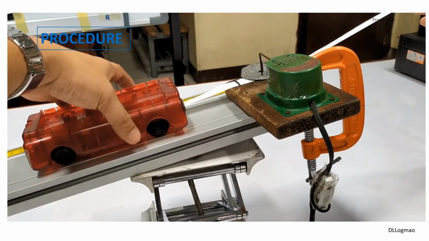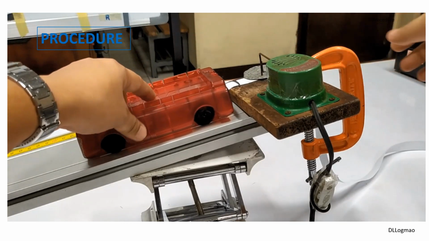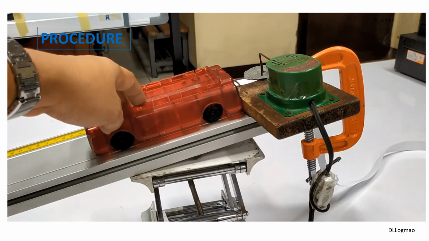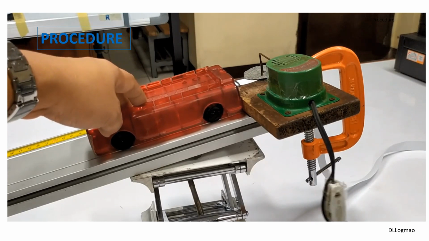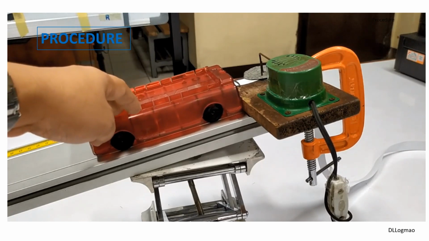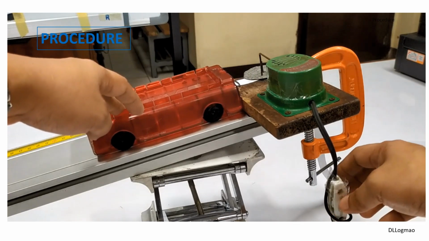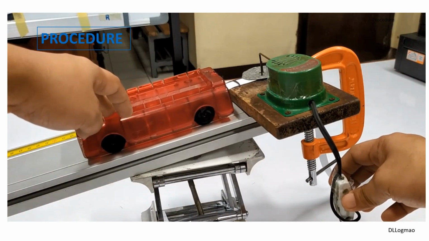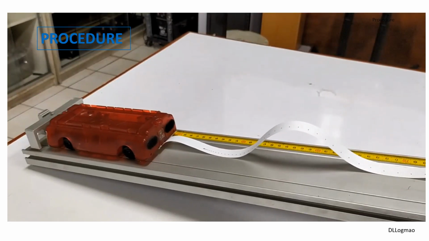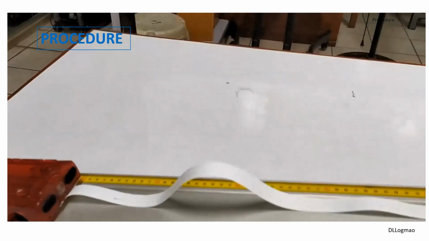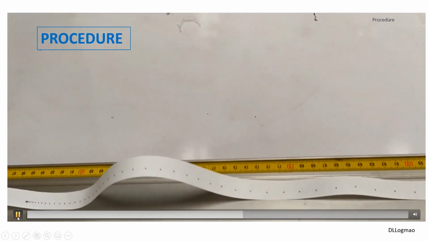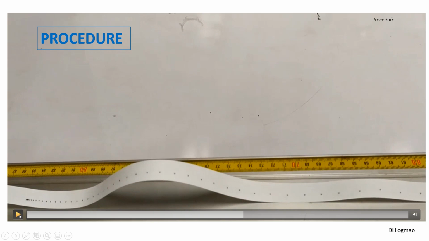Now position the toy cart. Be ready with the release of the cart, and at the same time you have to press the recording timer. That's it. Now observe the paper tape. So the paper tape contains the dots, and observe the dots.